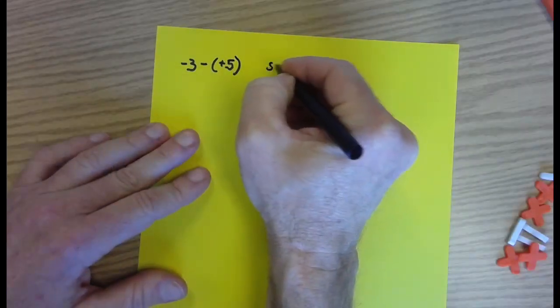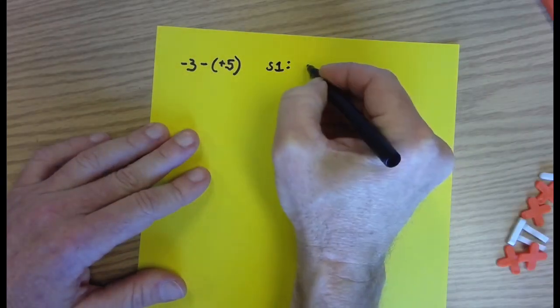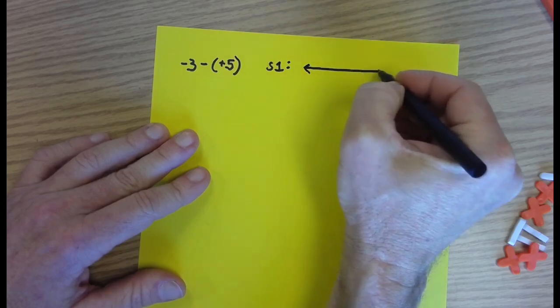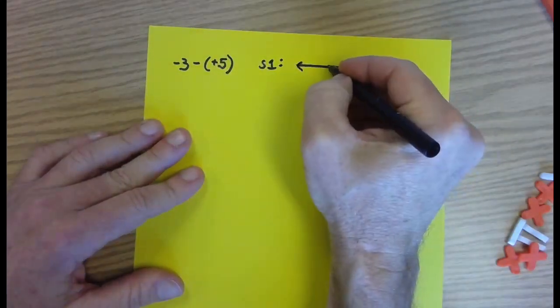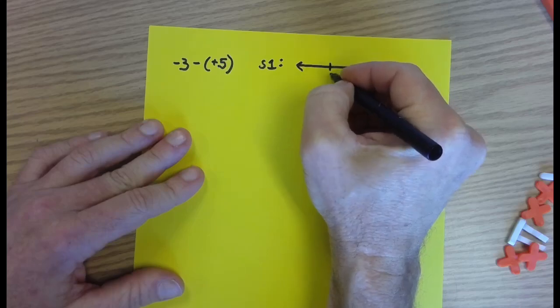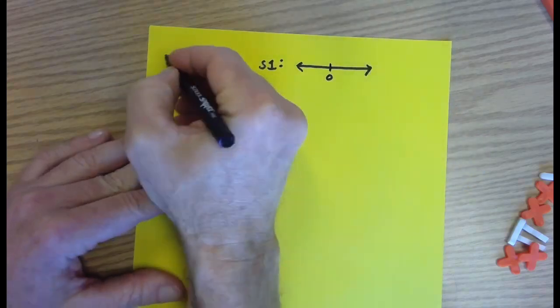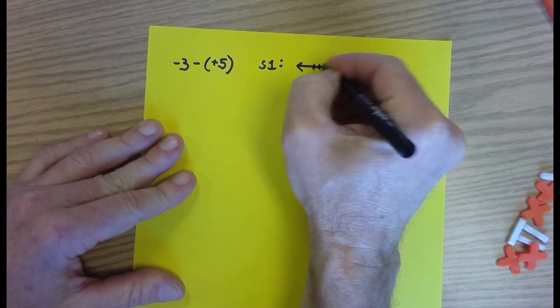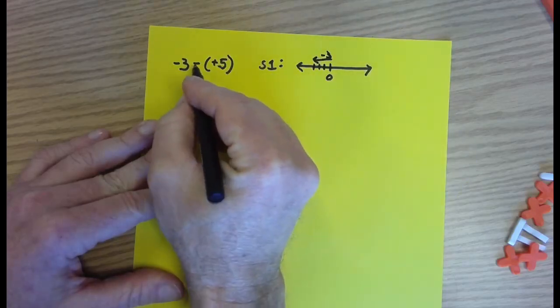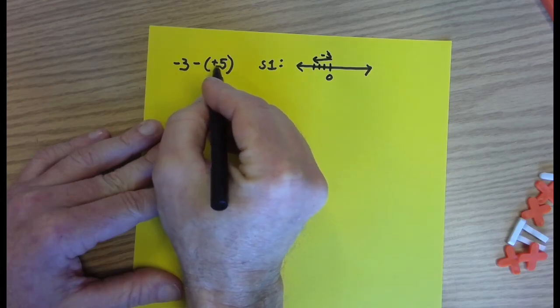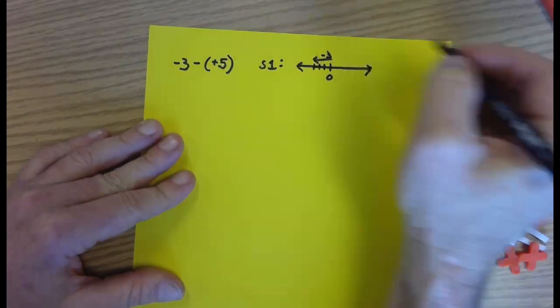While strategy 1 was a number line, I'm going to demonstrate how we can use all 3 strategies to get the same thing. So starting at 0, like we learned before, this means left 3, and the opposite of right 5, which means left 5 more.